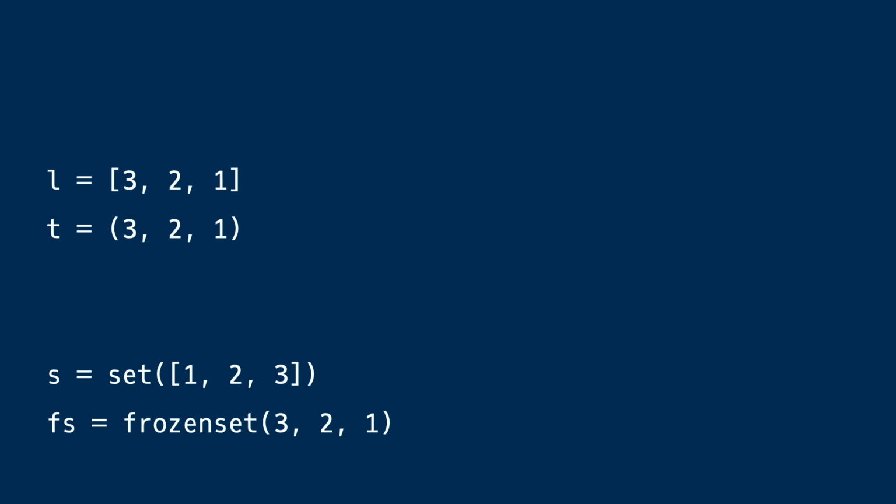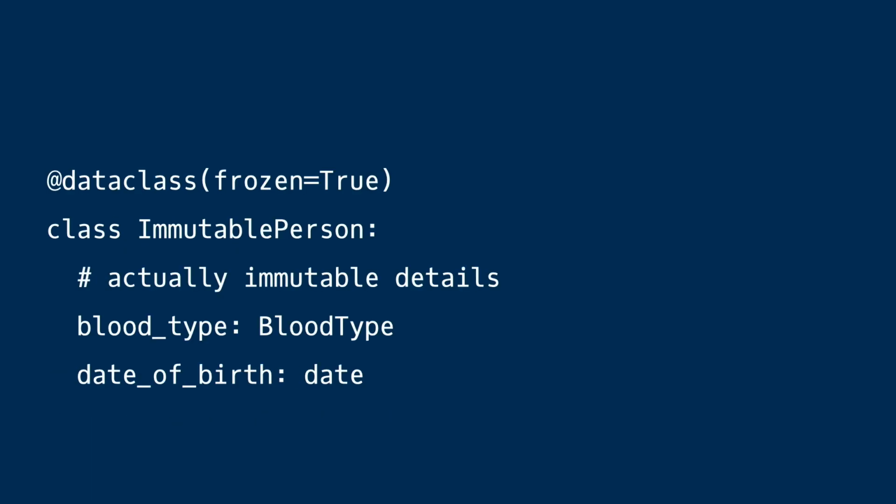If you're working with lists, pass a tuple instead. If you've got a set, pass a frozen set instead. If you've got a dictionary, I can't help you. Key value pairs in a set, maybe. Or you can rewrite it as a concrete class using frozen data classes, which is what I tend to do instead of using arbitrary dictionaries everywhere.